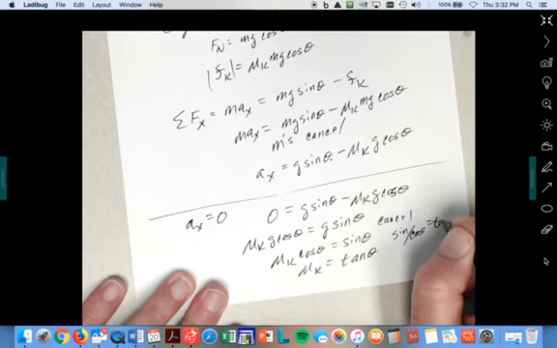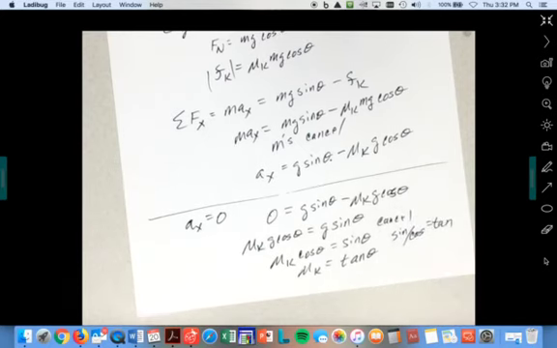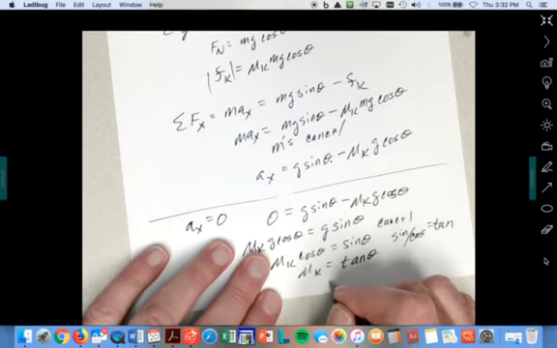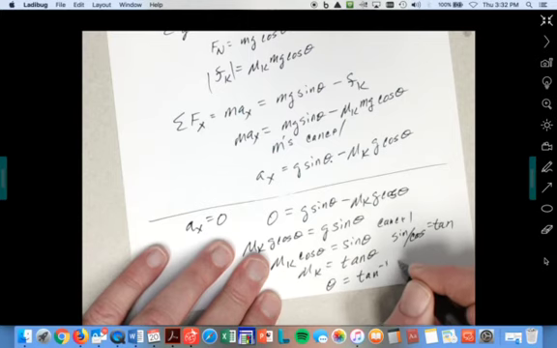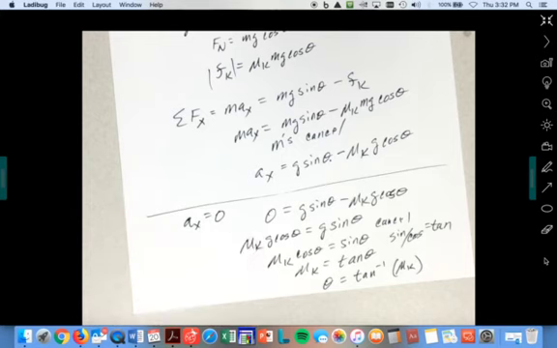That's an old trig thing. So to find the angle, theta is equal to the inverse tangent of mu k. And that's how that one works.